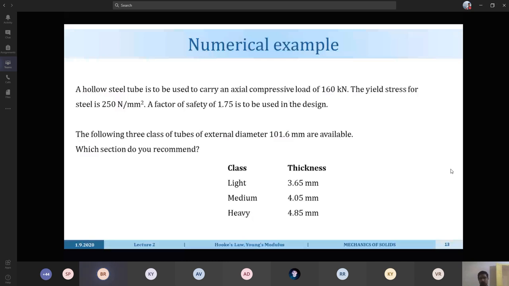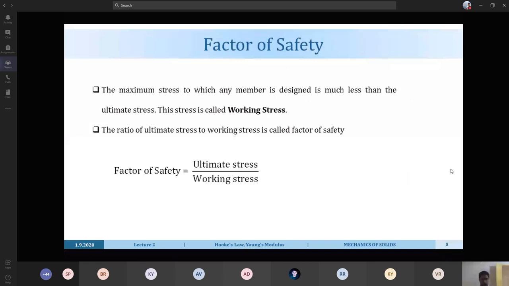So I will start with this problem. Yield stress is given as 250 Newton per millimeter square, the 250 MPa. So what will be the working stress here? 250 by 1.75. How much will it come? That is 142.85. Yes, that is the working stress.